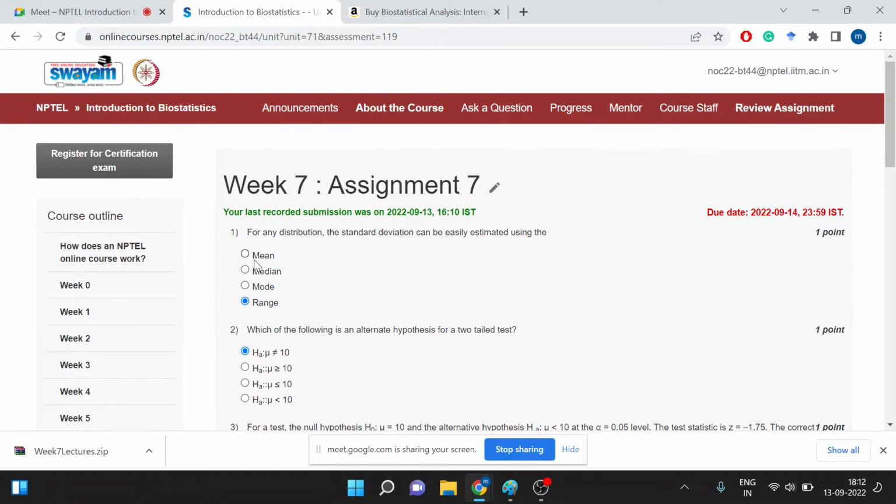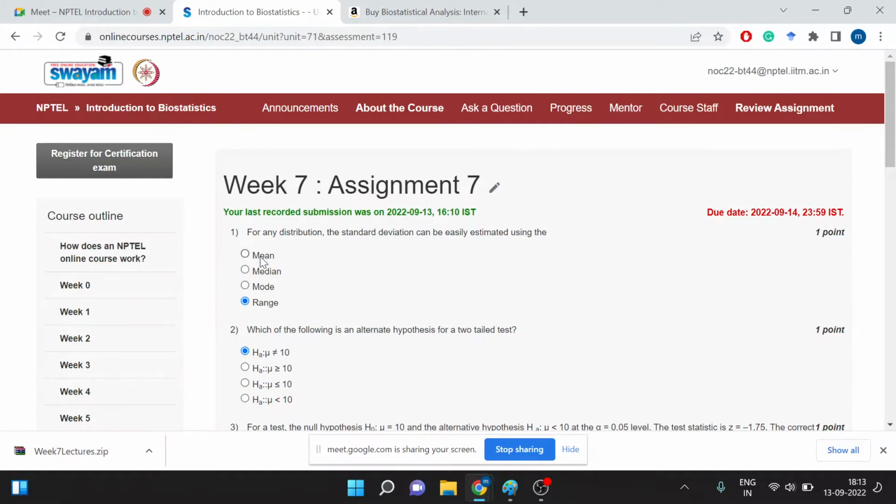So, do you think standard deviation can be estimated from the mean? What does the mean tell you? Does it tell you anything about the distribution of the data itself, like how narrowly or widely the data is spread?